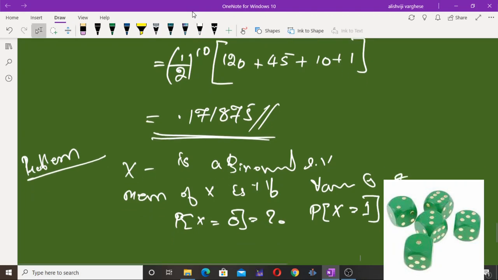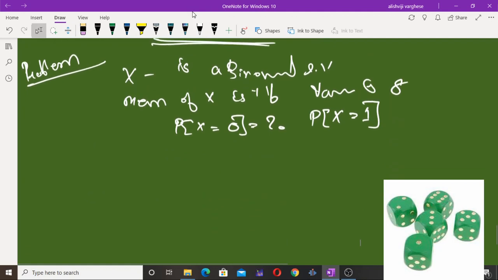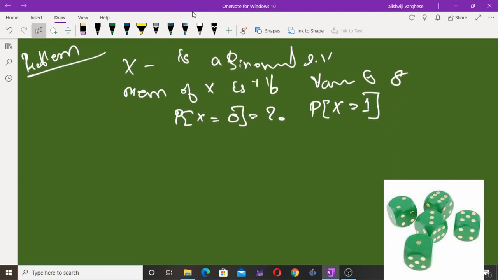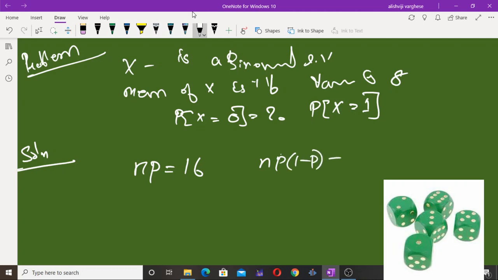So we have a random variable which is a binomial random variable, and it's given that mean is equal to 16 and variance is equal to 8. So that means for a binomial random variable the mean is n into p, and that value is 16, and variance is n into p into 1 minus p, and that value is 8.